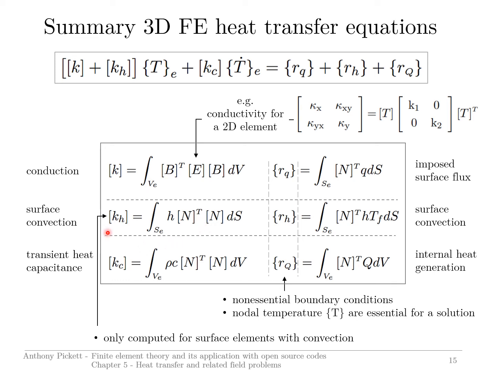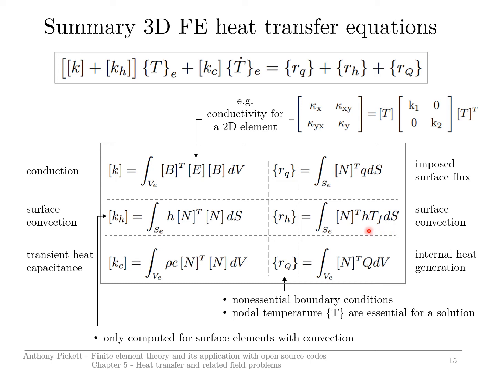The surface convection matrix is computed only at elements which have convection, and this is the form. We've already met this, and the ds here denotes the surface. We've already met this vector, sorry.